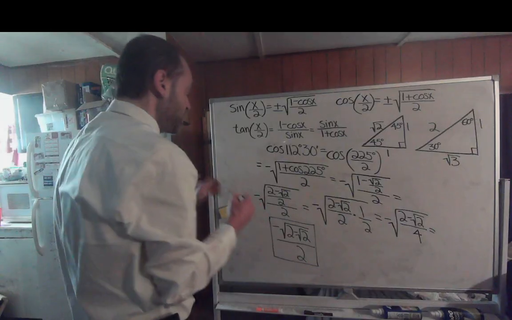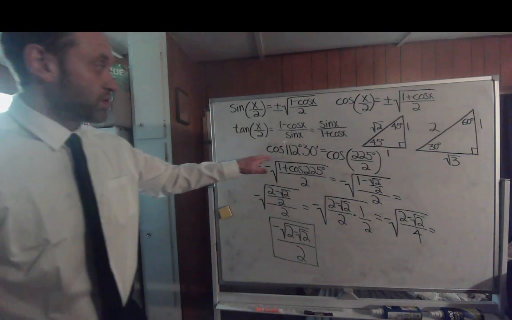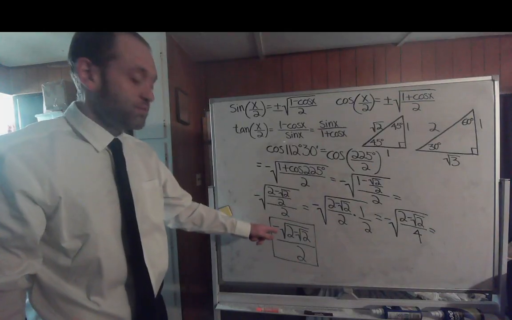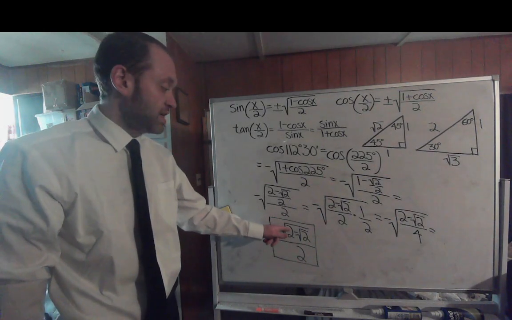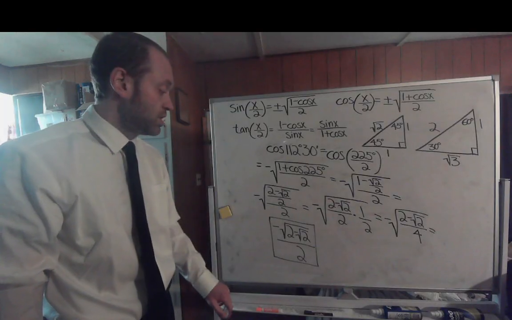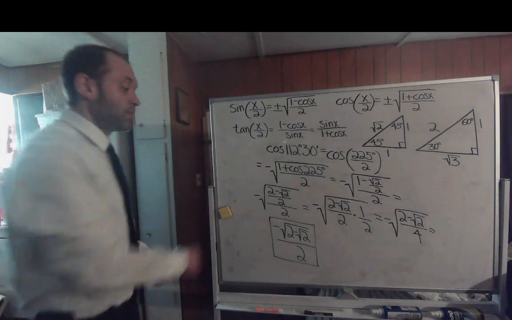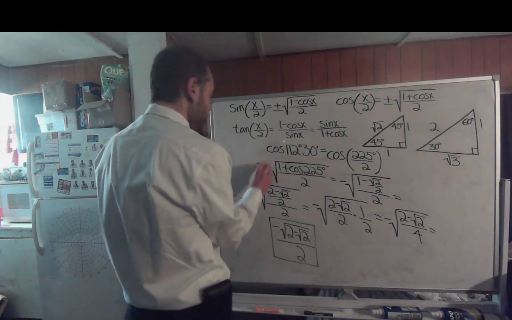So the cosine of 112 degrees 30 minutes is exactly equal to negative of the square root of the quantity 2 minus the square root of 2, all over 2. And you guessed it, we're going to do the tangent of this angle.